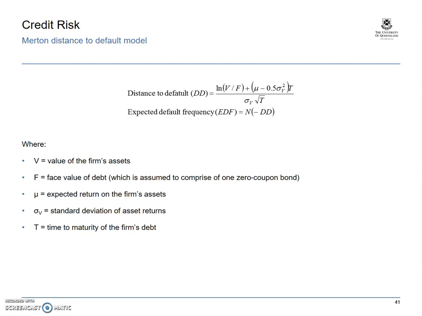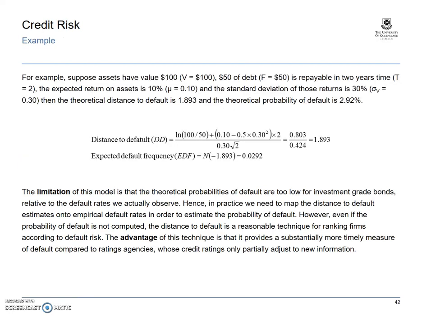We then divide the numerator by the denominator, where the denominator is the standard deviation of the asset's returns, multiplied by the square root of the time to maturity. Now, once we've calculated that distance to default, we can then work out an expected default frequency by looking at the normal distribution of the negative of the distance to default.